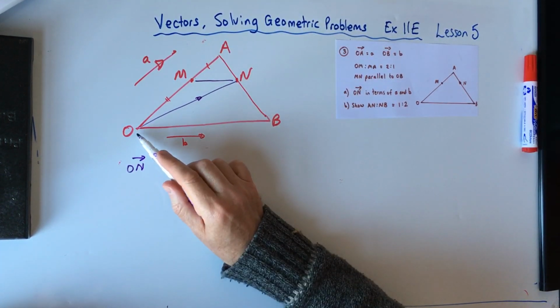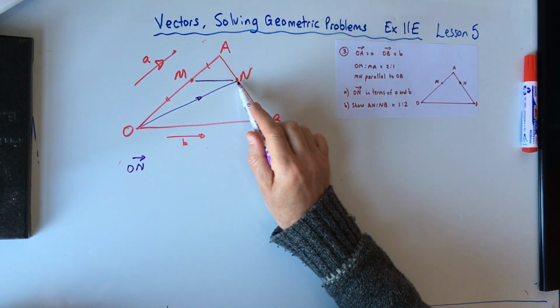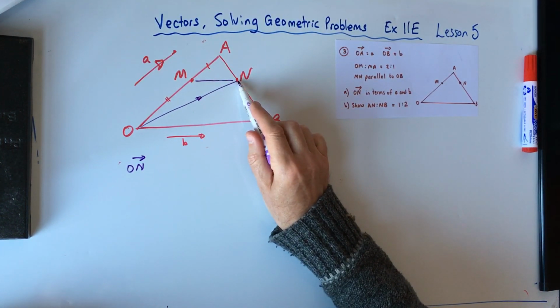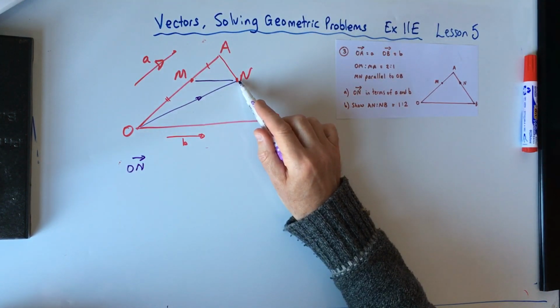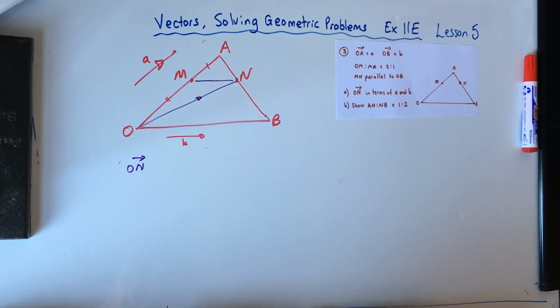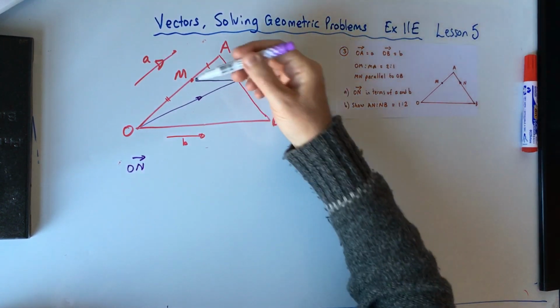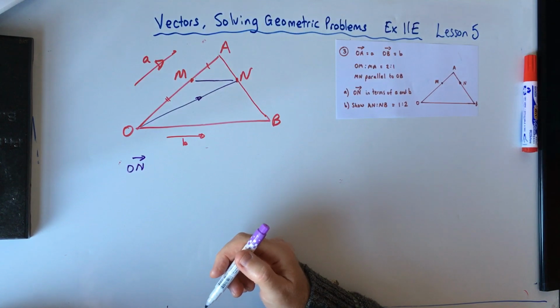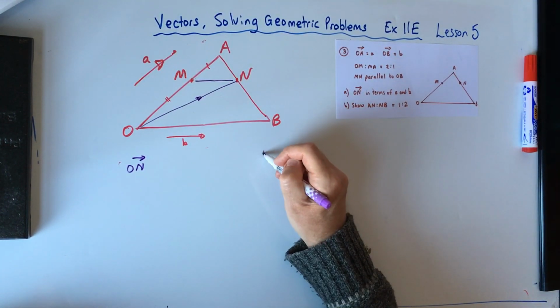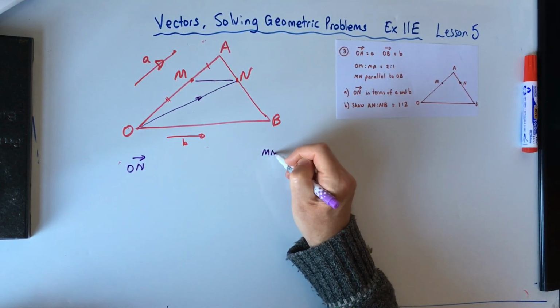I'm going to go up and along to there, and I'm going to go to the top and down to there. Okay, so to do this, I need to work out what MN is and AN is.